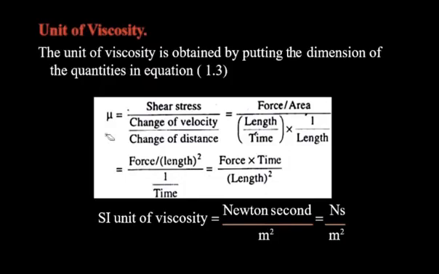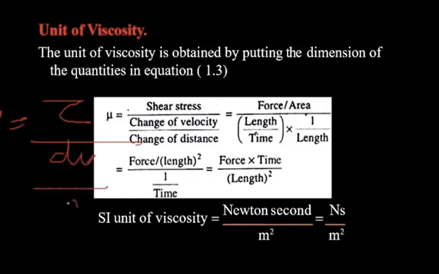So what is the unit? See here, we know that mu is equal to shear stress, tau, divided by du by dy. So mu is equal to shear stress, tau, divided by change of velocity, du, and dy is change of distance. Shear stress is nothing but force by area.